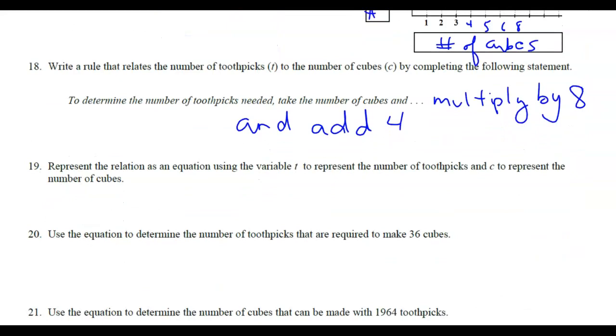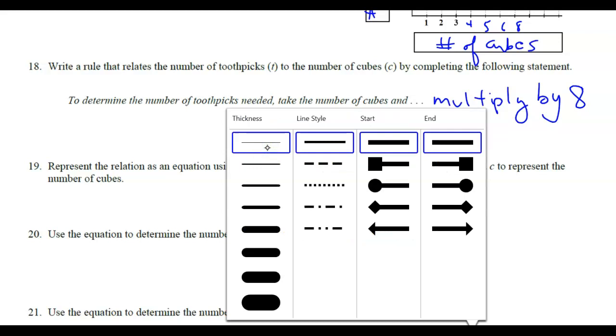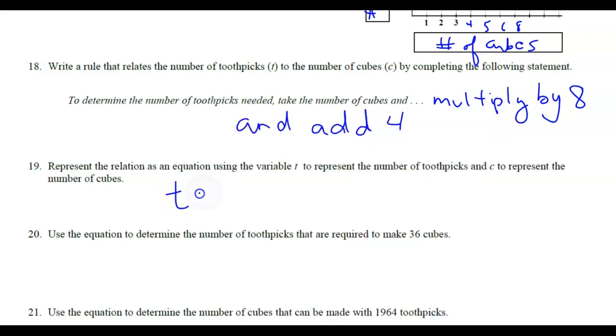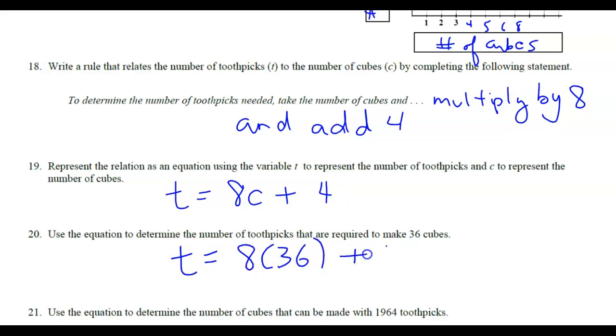So we're going to use variable t for toothpicks. So t equals 8c plus 4: 8 times the number of cubes plus 4. Now how many toothpicks for 36 cubes? Well, 8 times 36 plus 4.